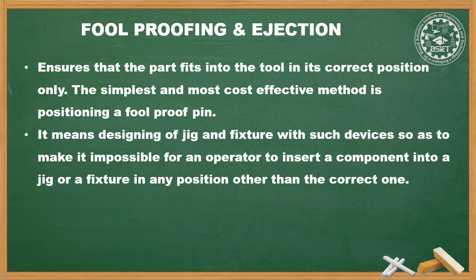Foolproofing and ejection is necessary as it gives a guarantee to the operator that the workpiece is fitted properly into the jig and fixture.